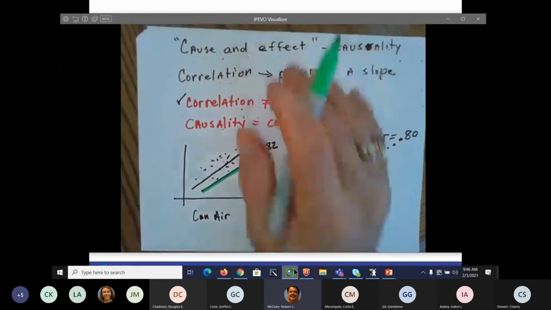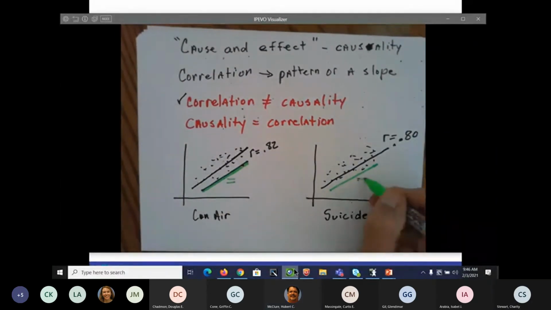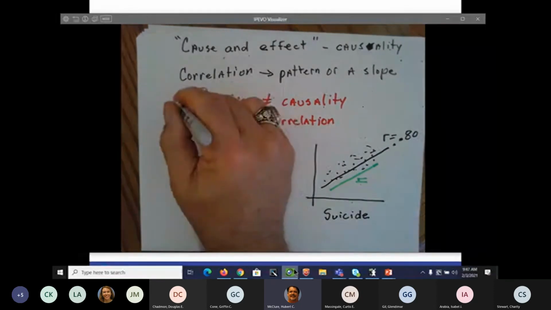In this case, does the wine cause me to make more trips to the restroom? Yes. So this correlation does equal causality. Is this a very important statement? Yes.